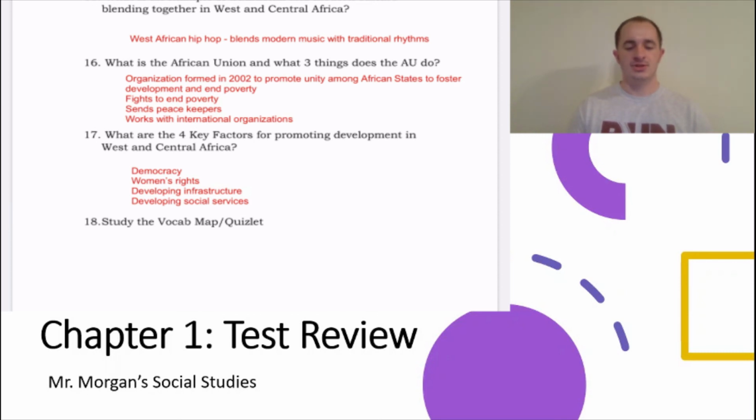Our last question is, what are 4 key factors for promoting development in West and Central Africa? So that would be democracy, women's rights, developing infrastructure, and developing social services are the 4 key factors that foreign aid found for promoting development in the area. The last question is just study the vocab map or your Quizlet.